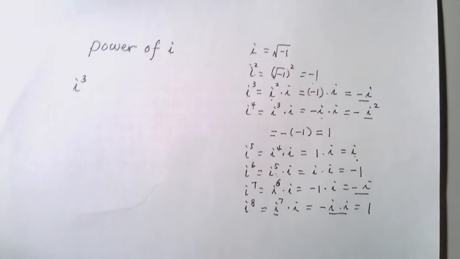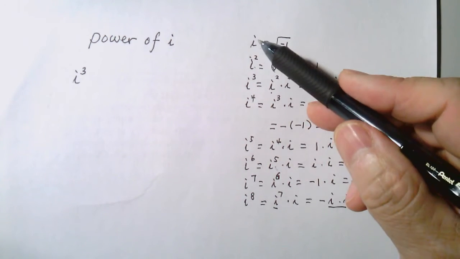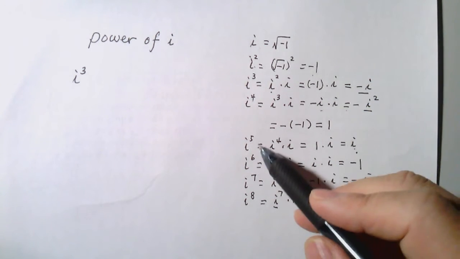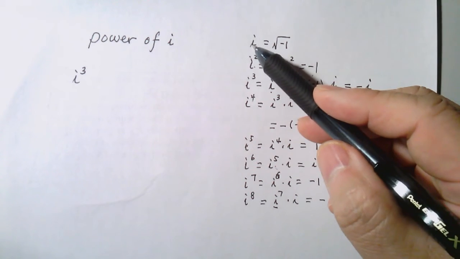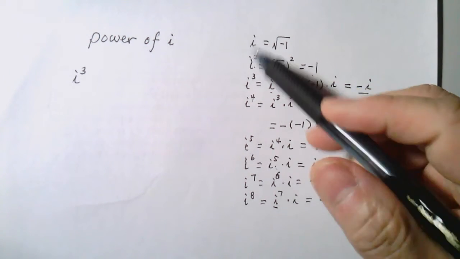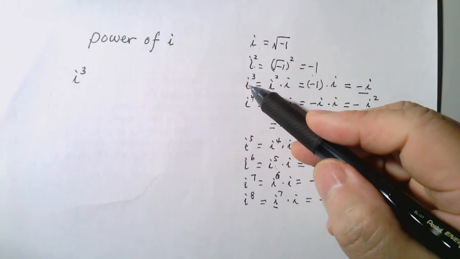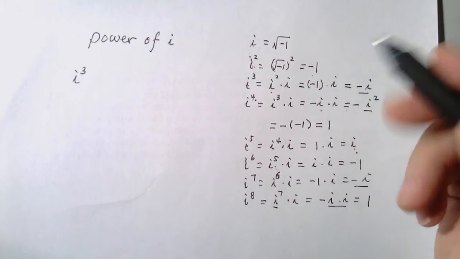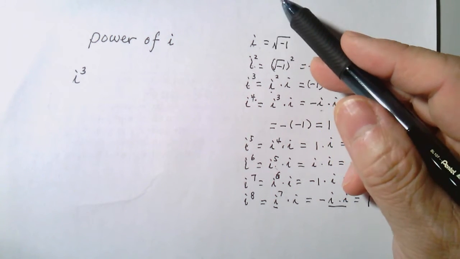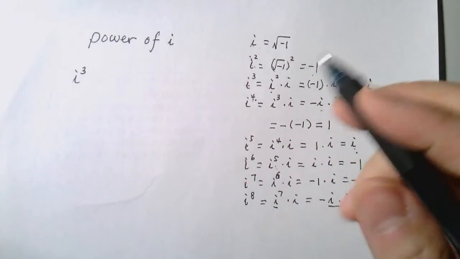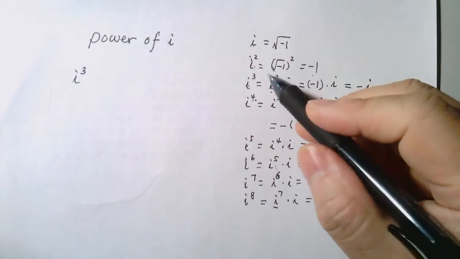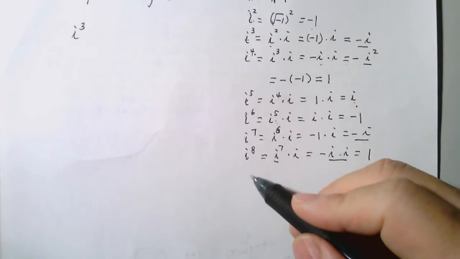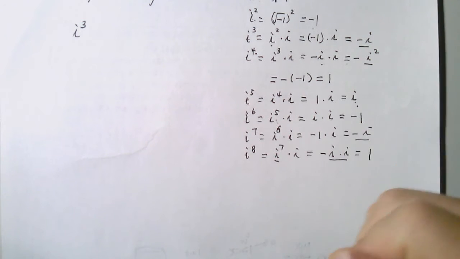Now you can see the pattern of the powers. i to the fifth is the same as i, i to the sixth is the same as i squared, i to the seventh is the same as i to the third, and i to the eighth is the same as i to the fourth. Basically, the powers of i have a period. That period is 4. Every 4 powers, it's going to repeat.